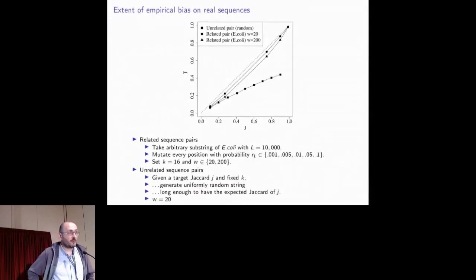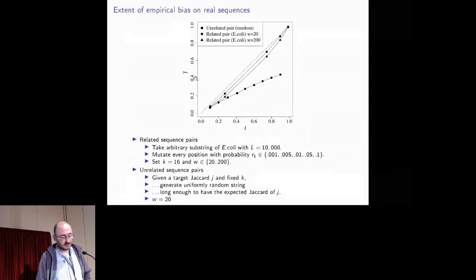Now, we wanted to do experiments to see what this bias looks like on real sequences. So here I'm showing you the true value of the Jaccard versus the estimator value. And this curve here is unrelated pairs. Here you see that the bias can be quite extreme. For a Jaccard of 0.9, you see that the estimator is 0.4, so huge bias.